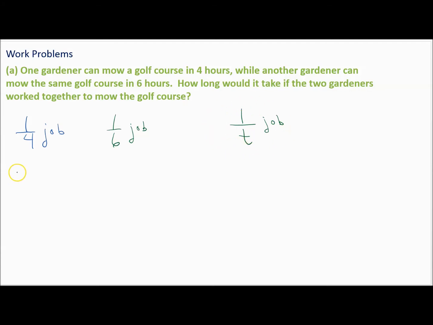So you could say the rate alone for one person plus the rate alone for another person equals the rate together.